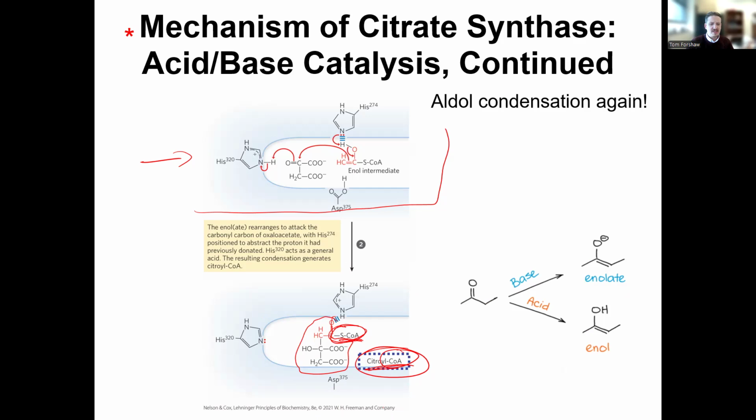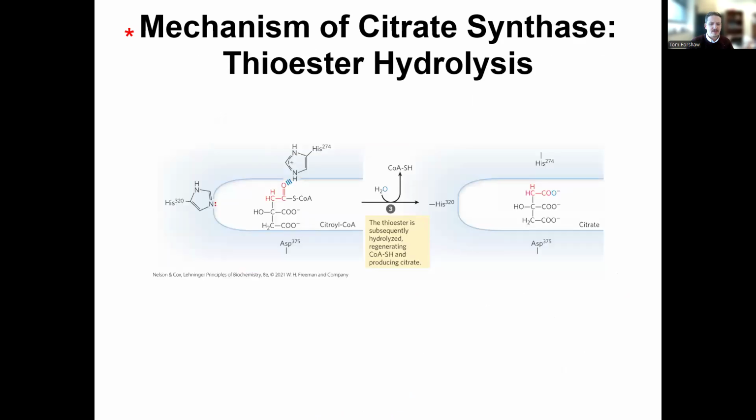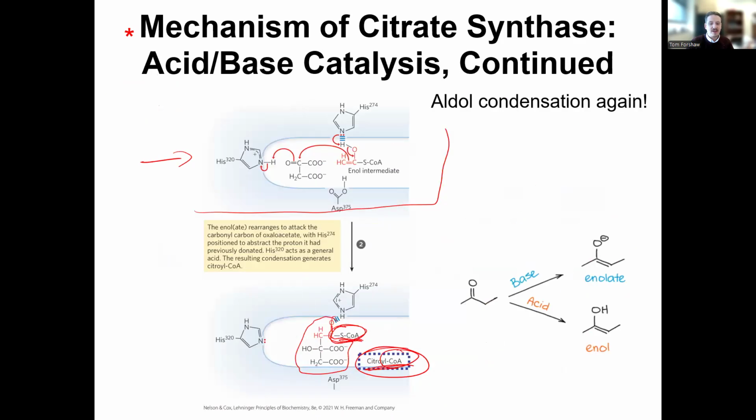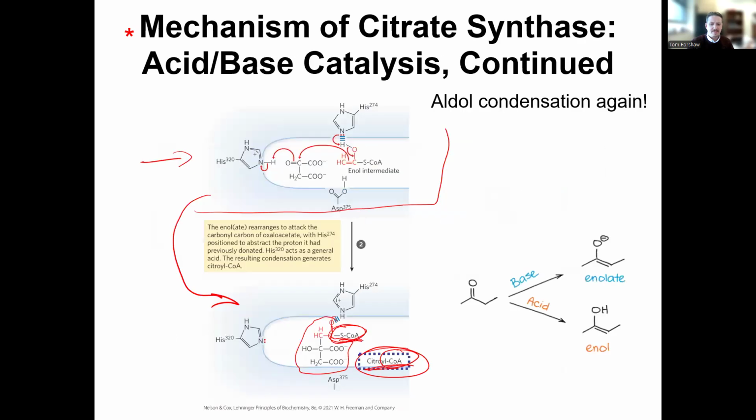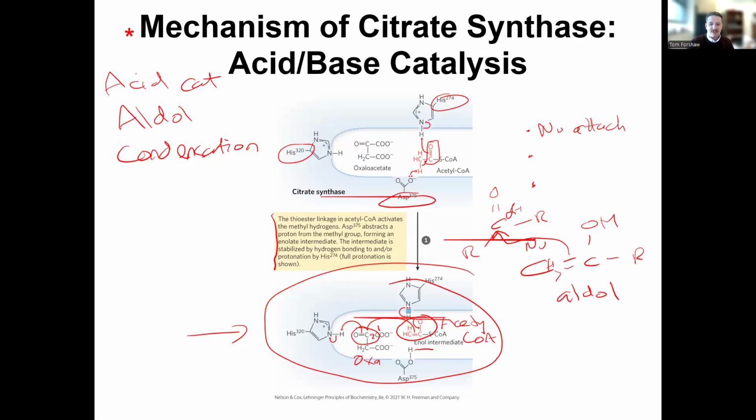So the first step is the nucleophilic attack, which generates the citroyl-CoA. Sorry guys, I've messed up the way I'm describing this.